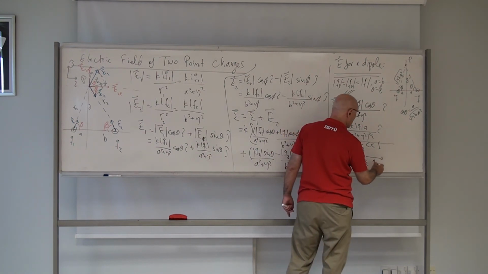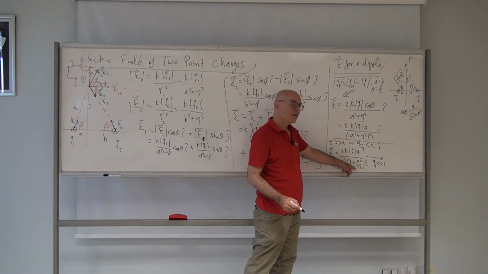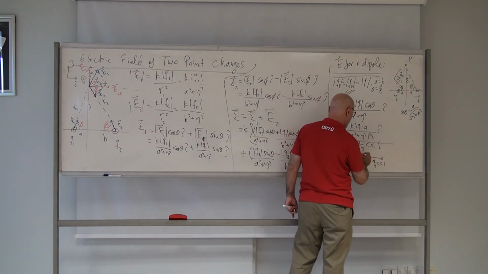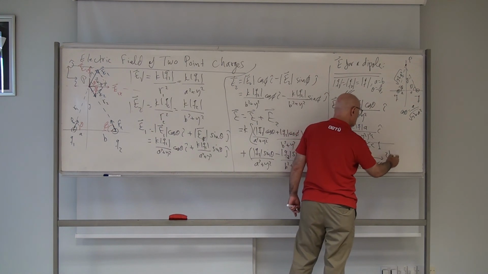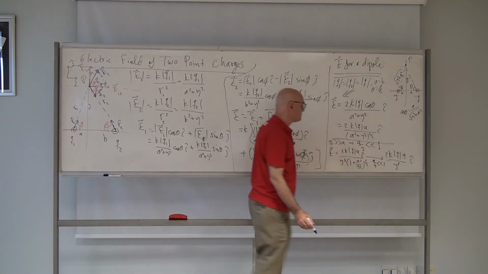When a over y is much less than 1, you just drop this a square over y square term in comparison to 1, and this becomes 2k q a over y cube i hat.